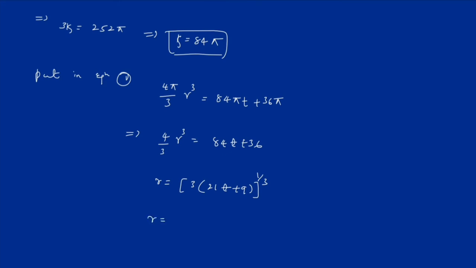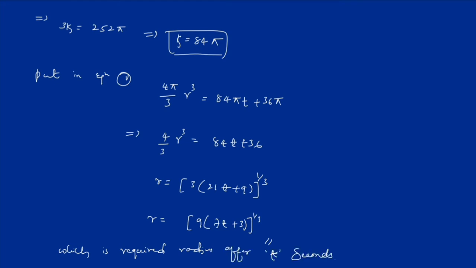So finally we can also write it as r equals (9t plus 3) to the power 1 by 3, which is our required radius after t seconds.